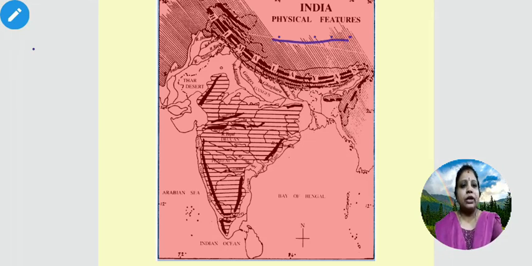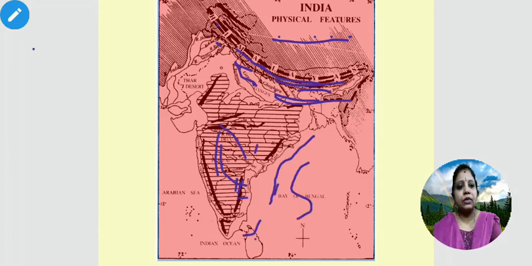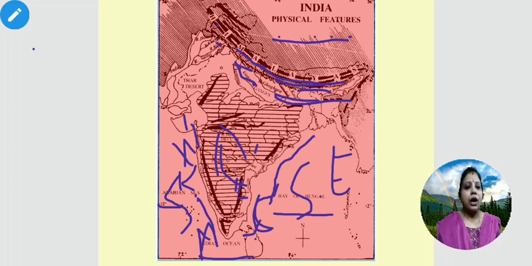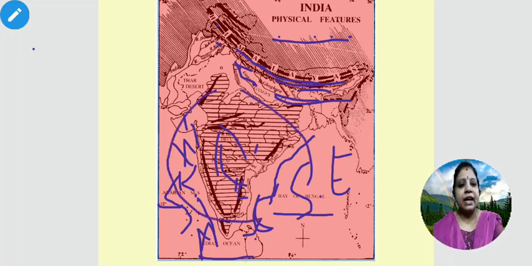Here we find the Himalaya and the Indo-Gangetic Plain, and this is the Deccan Plateau, and this is the southeastern coastal area, and here we find the southwestern coastal area, the Malabar coast, Konkan coast, and here the Coromandel coast. So the Bay of Bengal, Arabian Sea and Indian Ocean surround South India on three sides.